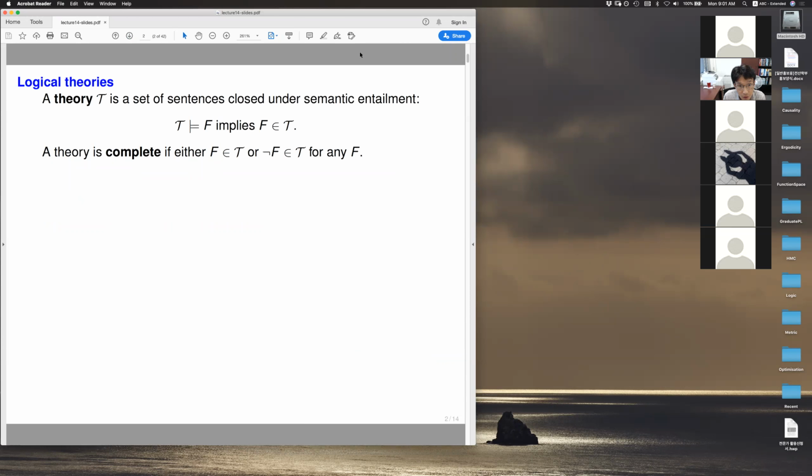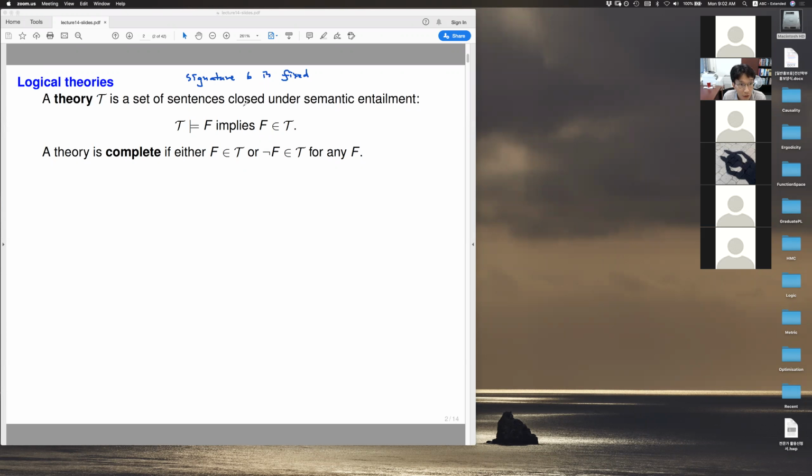Then when we talk about a theory, we are really talking about a theory over the given signature sigma. A theory is nothing but a set of first order sentences over this signature sigma that is closed under semantic entailment.